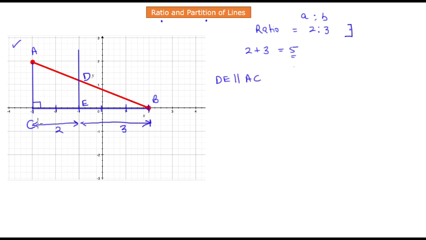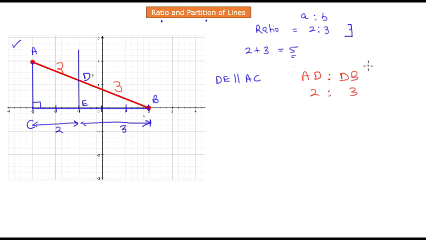Now you have obtained your required ratio because AD will be 2 parts and DB will be 3 parts. And this is exactly what you wanted: the line segment AB has been divided into 2 parts, AD and DB, and the ratio of these is 2:3.